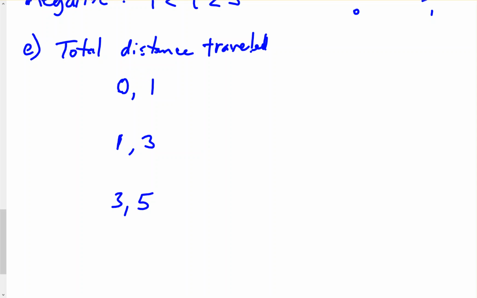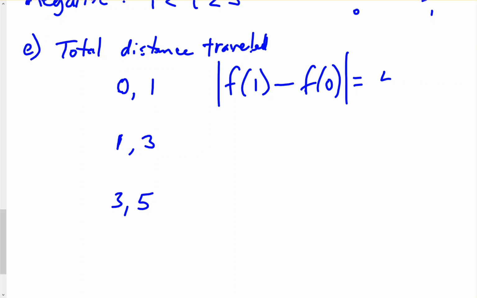Okay, so to figure out the total distance traveled between 0 seconds and 1 second, let's do f of 1 minus f of 0. We'll take an absolute value. Okay, so we put that into our function. So that would be 4 minus 0.